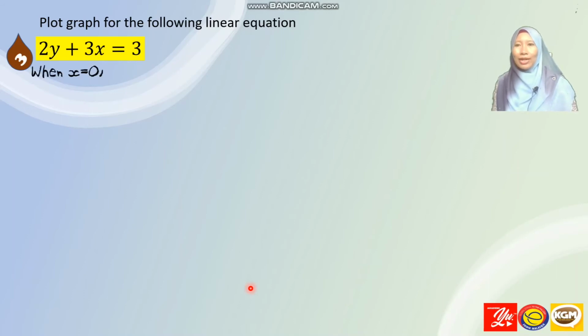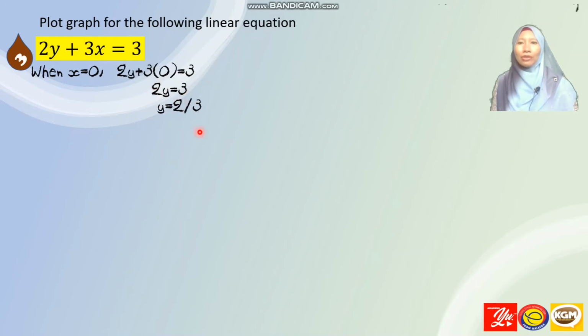So here, when x equals 0, 2y plus 3 times 0 equals 3. And then we get 2y equals 3 and y equals 2 over 3. Now we get a fraction here. The point is 0, 2 over 3. Then let's find another point.